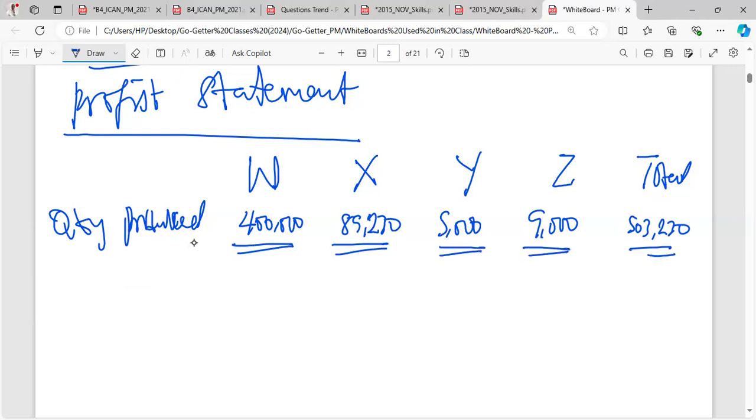This is your quantity. Since you are asked to write a profit statement, you need to check your revenue. What is your revenue? You were told these are your revenues.